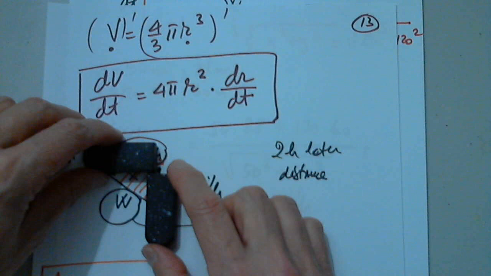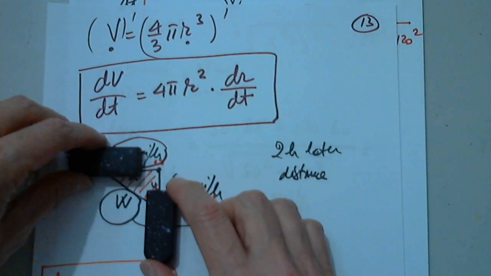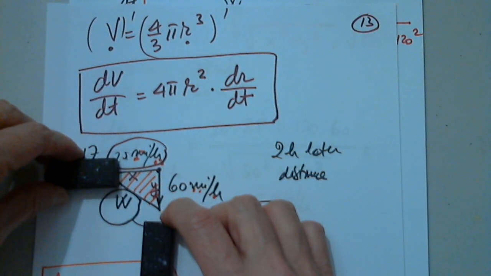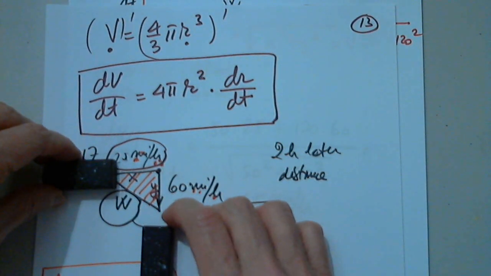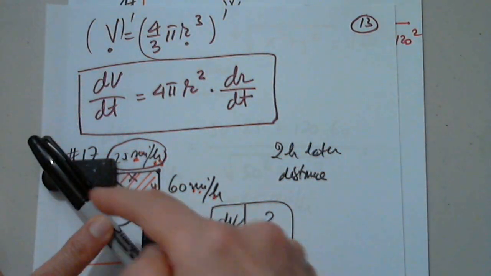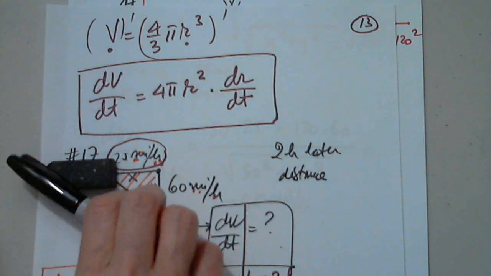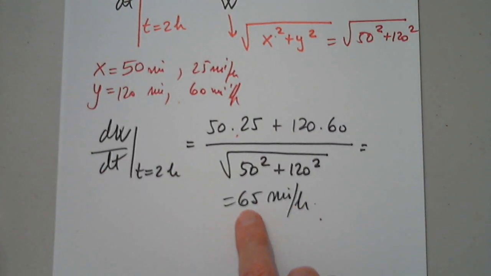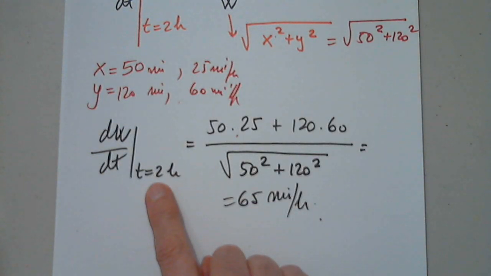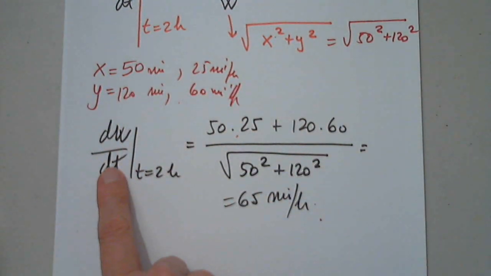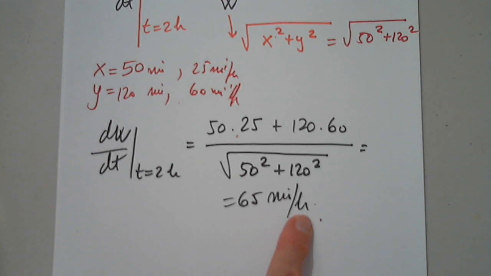So when these two cars go their way at their respective speeds, exactly at the exact instant, 2 hours from the moment they start, this distance between the two cars changes with the rate of change, if you want, at 65 miles per hour. At that instant, the rate of change of distance is 65 miles an hour.